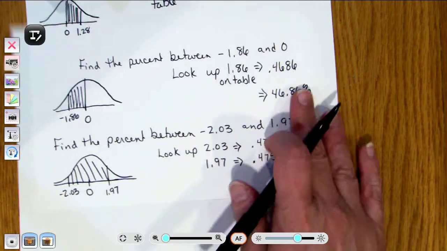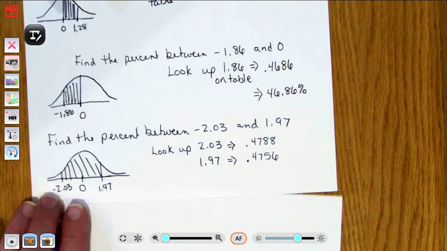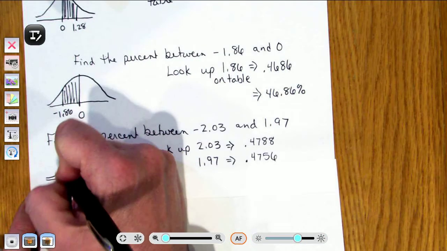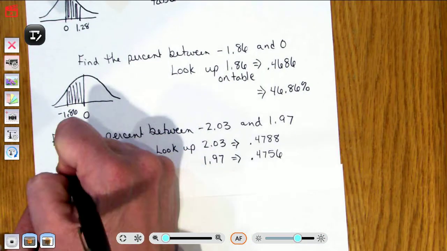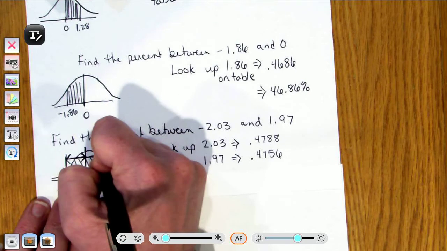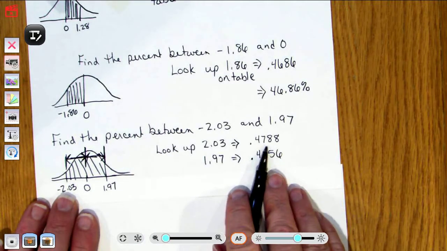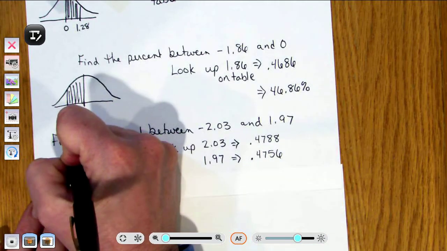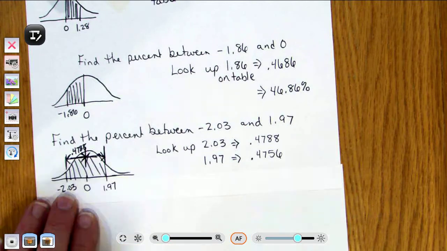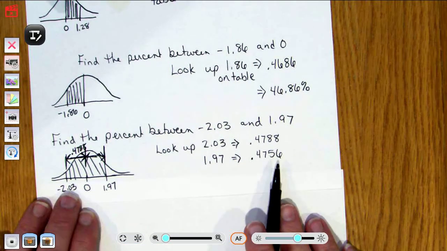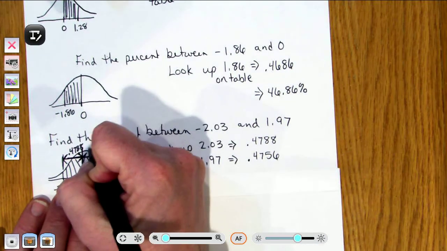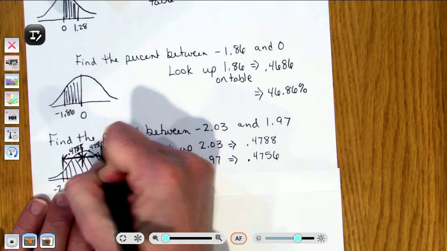Now the piece to remember is that the table always gives you from the point to the center. So kind of looking at these guys here in two separate pieces. So this 0.4788 is right here, 4788. This 4756 is right here, 0.4756.